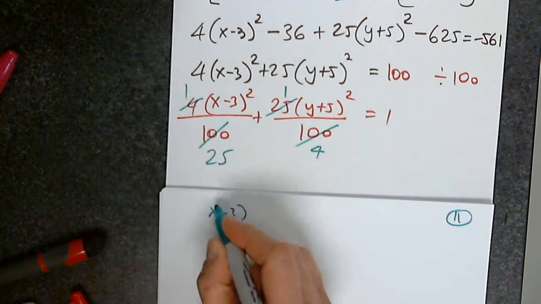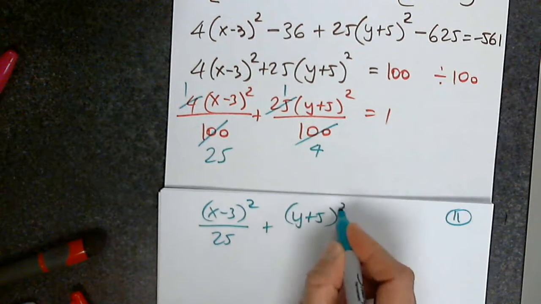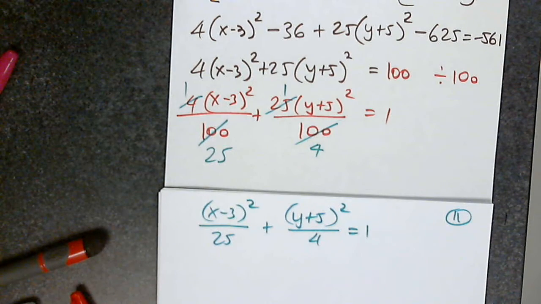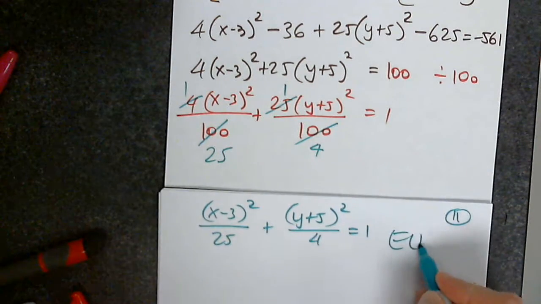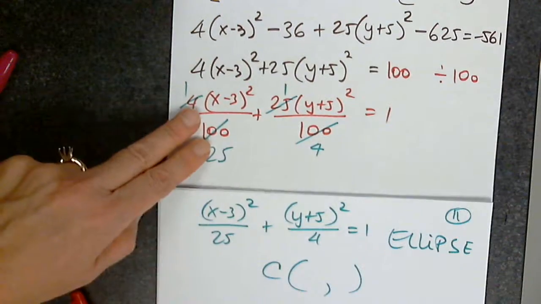So x minus 3 squared over 25 plus y plus 5 squared over 4 equals 1. One more time, what type of conic section is this? What is its center, please?